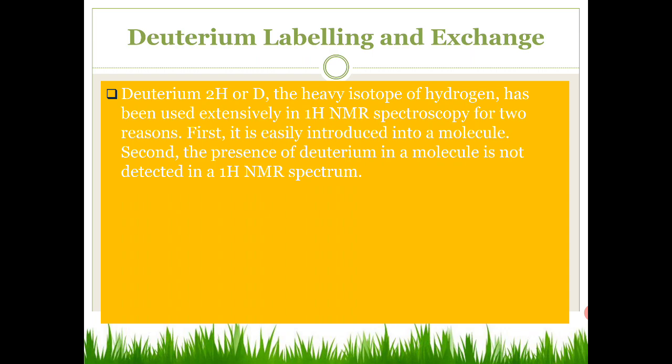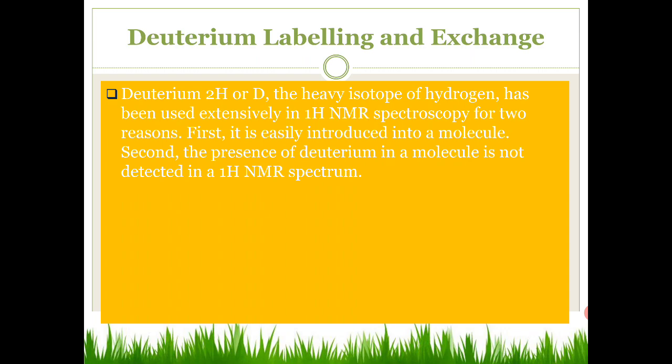The idea behind that is deuterium, 2H, with the 2 as a superscript, actually D, the heavy isotope of hydrogen, has been used extensively in proton NMR spectroscopy for two reasons.